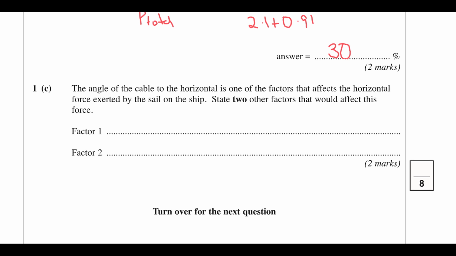And also you can increase the speed of the wind, because then it'll have a greater change in momentum when it strikes the sail, so you get a bigger force. So those are the two I would go for. So area of the sail would be one, and then speed of the wind would be a second one that's appropriate there. Okay, so that finishes that question.